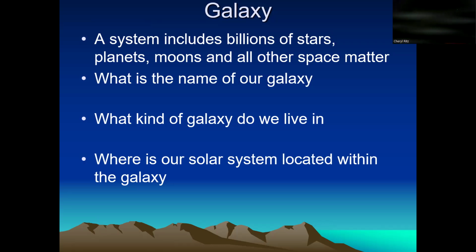There are billions of stars in a galaxy. Many, many of those stars have their own solar system. So we're not the only solar system out there. There are other solar systems around other stars. So there are other planets out there. There are other moons out there.